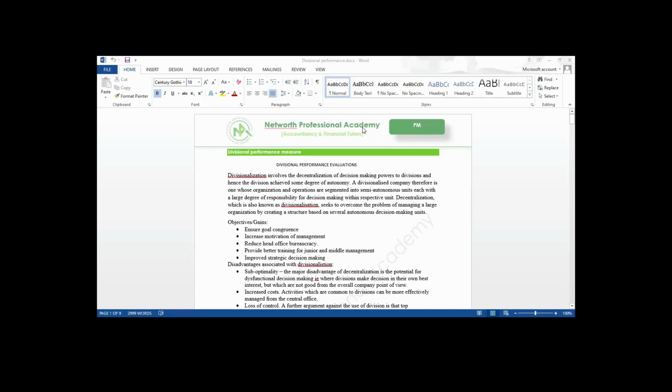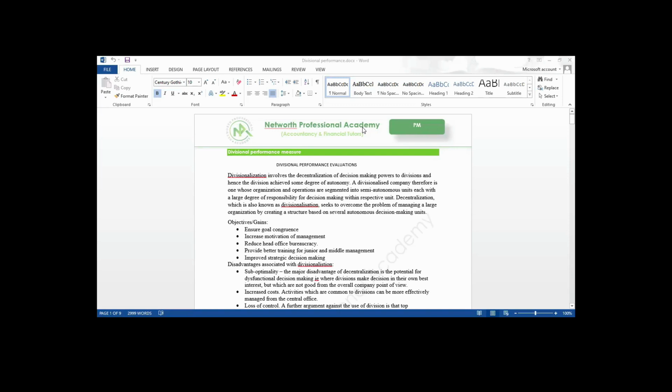Point number 2, to increase motivation of management. We have created division. And we want to measure performance. This will increase motivation. Whatever is not measured, then we cannot assess.